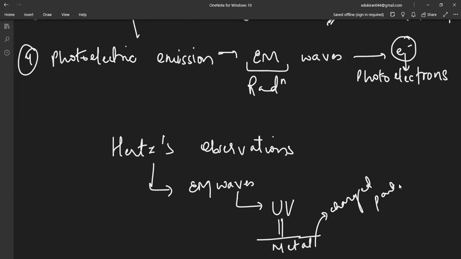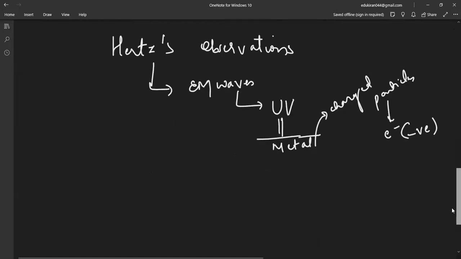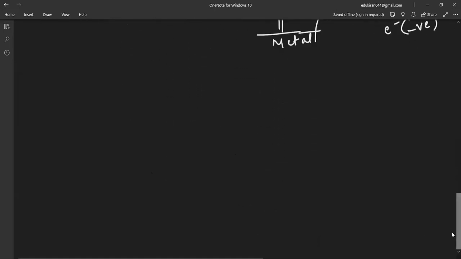But through this small experiment, could something be concluded? Nothing was concluded. At that time nobody was sure whether electrons were present or not. So this experiment was left here only, but some ideas were given.